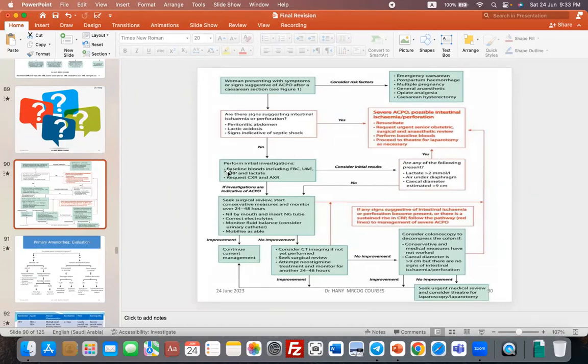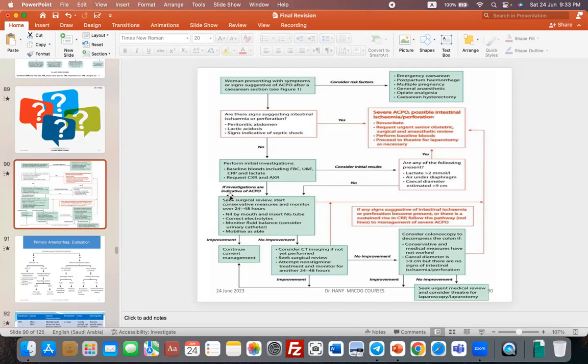First of all, baseline: full blood count, urea and electrolytes, C-reactive protein, and lactate, chest X-ray, and abdominal X-ray. Electrolyte imbalance is the most common cause. So conservative measure: nothing by mouth, correct the electrolytes. Surgical review is the first exam question here.